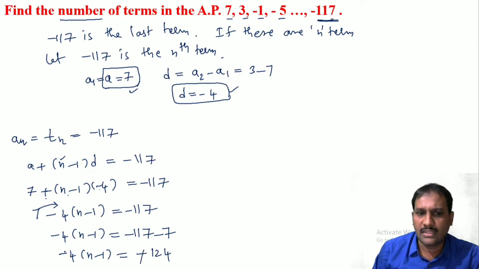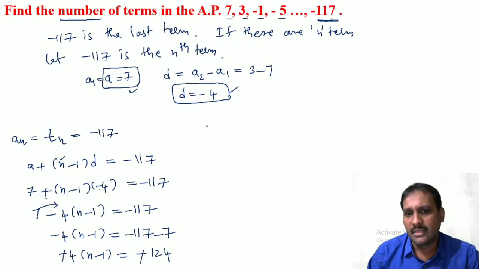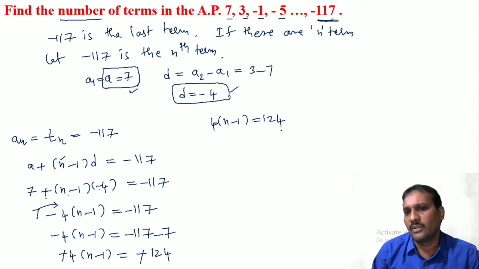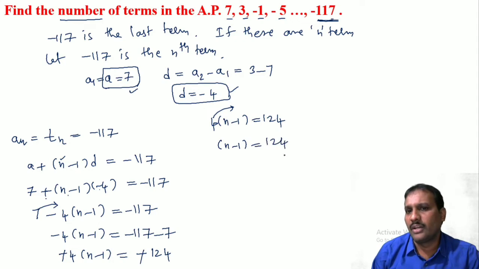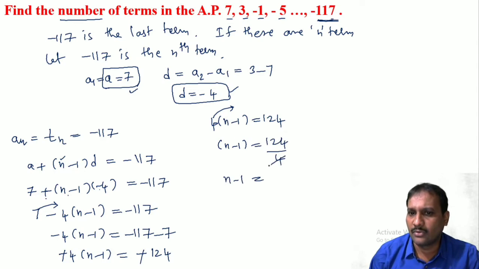So on both sides you can cancel the negative terms. Now here 4 into n minus 1 is equal to 124, and transposing 4 to the other side, n minus 1 is equal to 124 by 4.